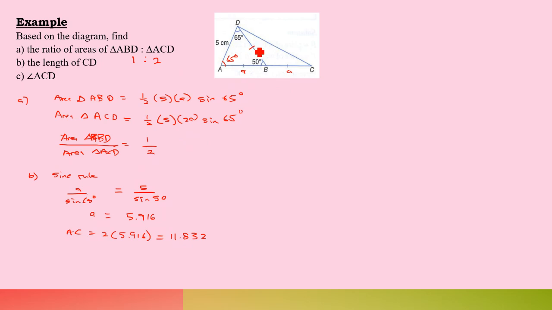This is also A, because the angles are the same. So you can also use this part, this is 130. You also can use this triangle to solve it. Whichever way you solve it, you still can find your CD. Continuing from here, I'm using cosine rule.